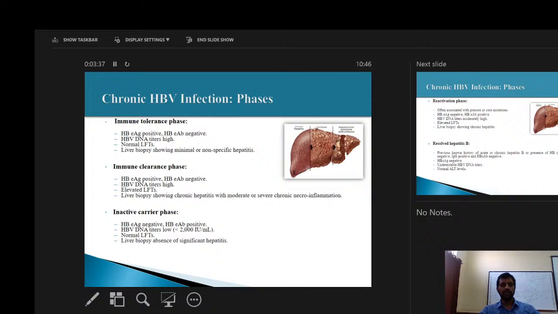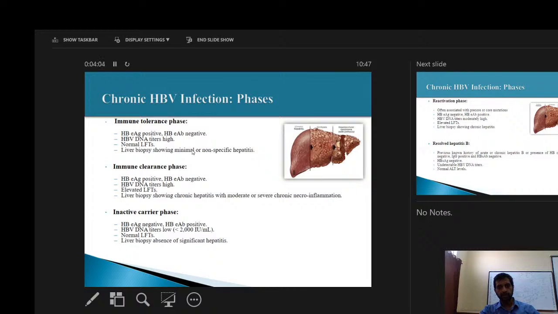So these patients will not have any inflammation of the liver, so the liver enzymes will not be elevated. Here you see the liver function tests are normal, and the antigen is positive, but the antibody is negative. There is viral replication, but there is no reaction of the body towards the virus. So HBeAb is negative, and because there is viral replication, your DNA titers are also high.